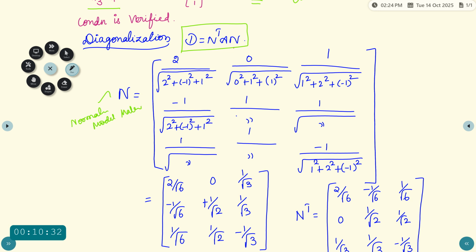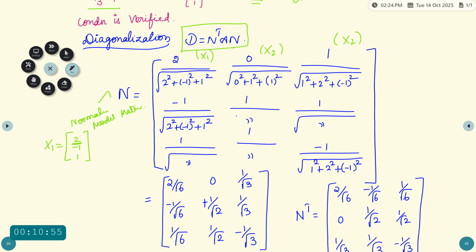How are we going to form N? The eigenvector capital X1 equal to 2, minus 1, 1. The first column denotes the first eigenvector and the second column is the second eigenvector. This is the third eigenvector. First, how can we write the first column?